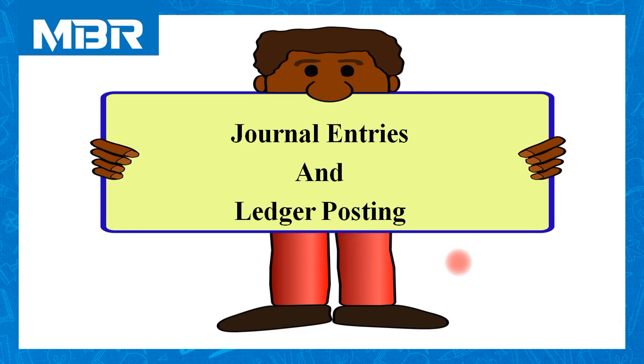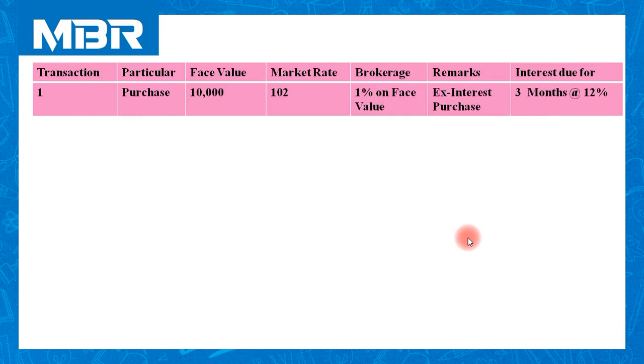Once you are clear on journal entries and ledger posting, nothing is new throughout the chapter. Let us understand these calculations again. I will include only 2 transactions over here, one for purchase and second one for sale. For the purpose of journal entries, it doesn't make any difference whether the transaction is ex interest or cum interest.